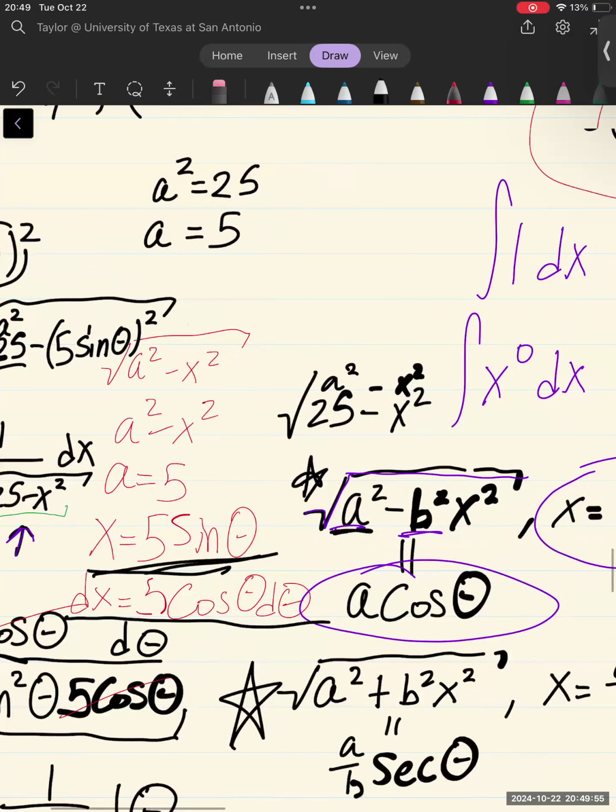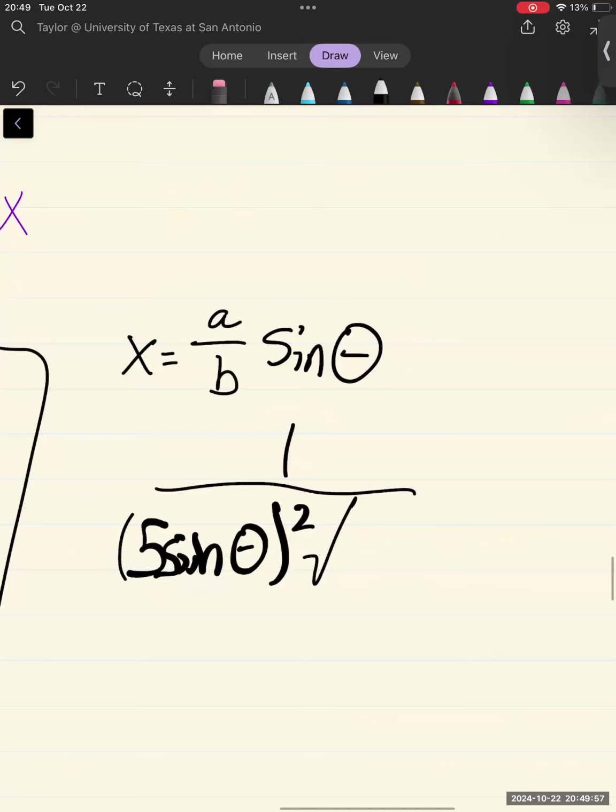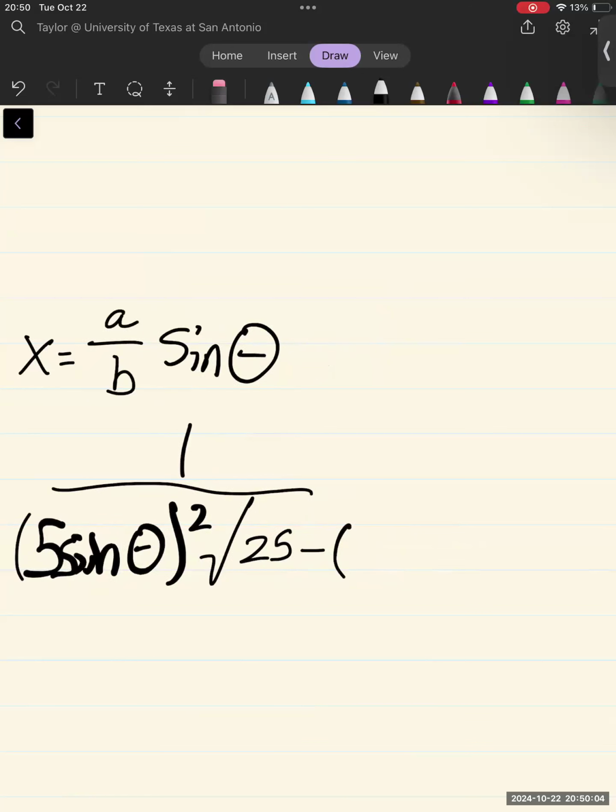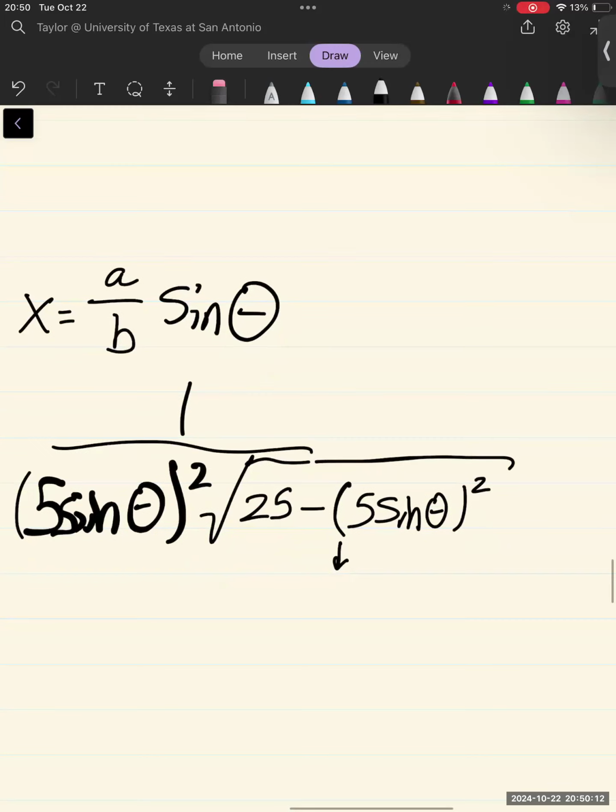Right. And then from there, I have 25 minus, and then X squared again would be 5 sine theta squared. And then this expression reduces to 5 cosine theta.